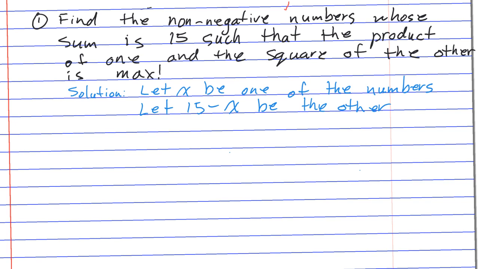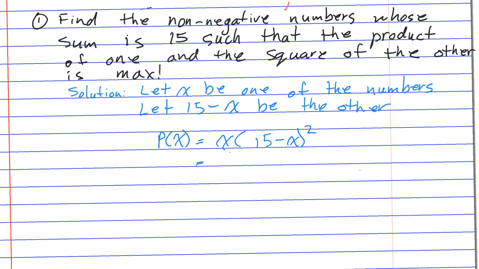All right, so now let's go and do the computation. So you start with p of x, our function, is equal to x times 15 minus x, and we square it based on what they said.